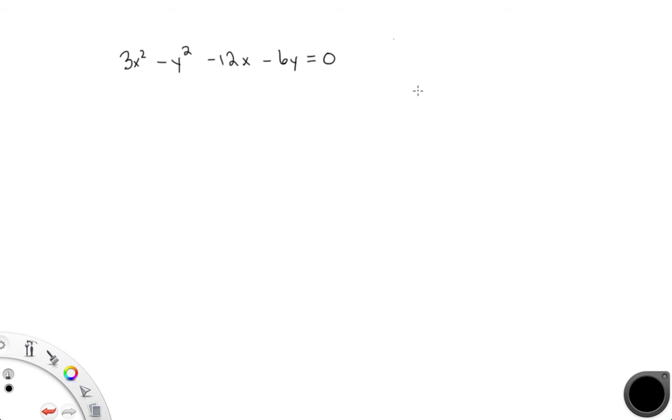And the thing that they had already done for us on the previous problem that we need to do now is complete the square. So the first thing that I'm going to do is group the x's and the y's together. And then I'm going to start by factoring out the leading coefficient on the x and the y.